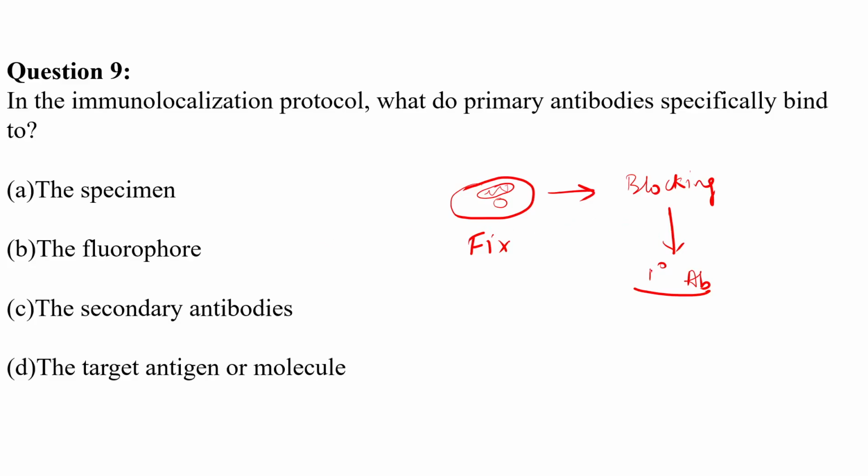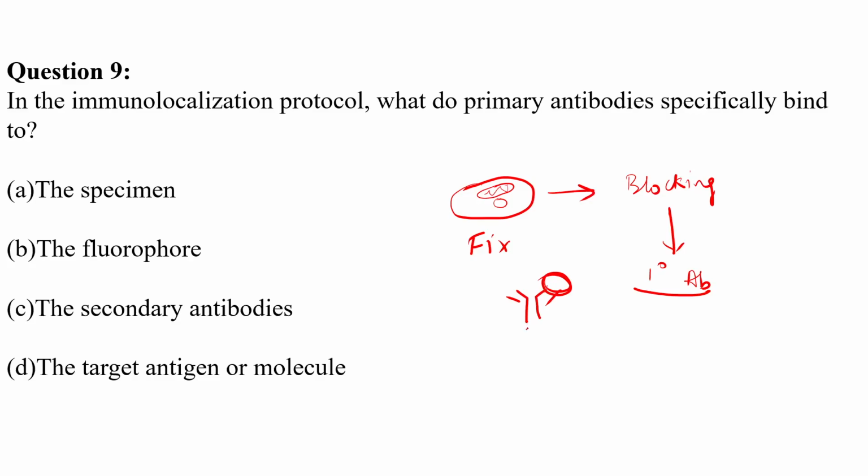So I'll generate antibodies against that protein and add the primary antibody. In the last class I also showed the antibody structure. The primary antibody will bind to that particular protein against which I have generated the antibody.